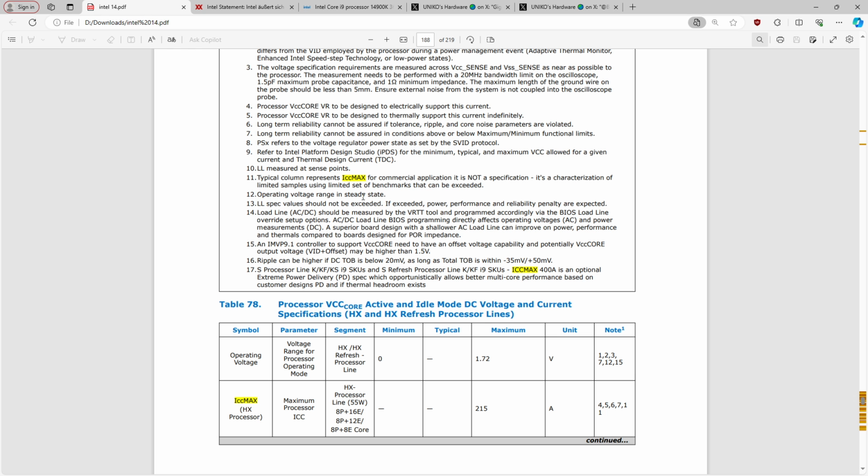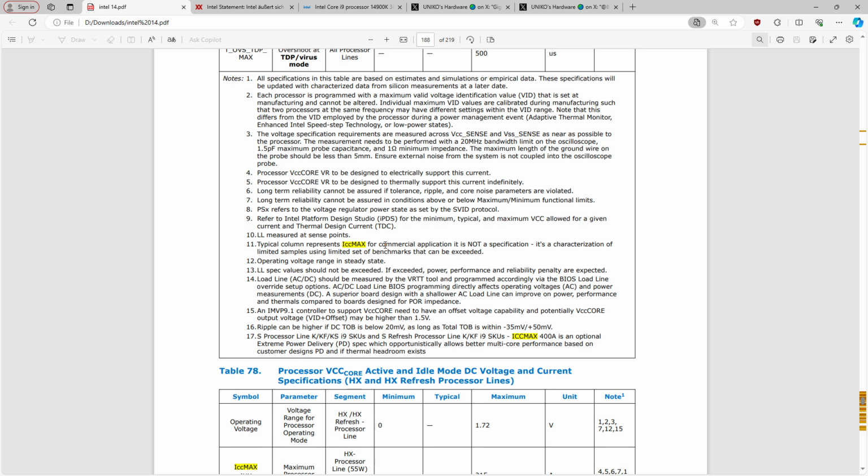Because if you look at the Intel documentation, right, the public Intel documentation, load line AC/DC should be measured by the VRTT tool. Intel gives the motherboard vendors a voltage regulator test tool and they program accordingly via BIOS load line override setup options, right?